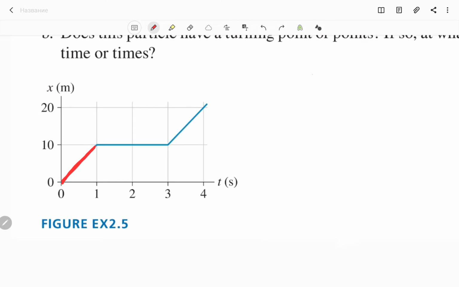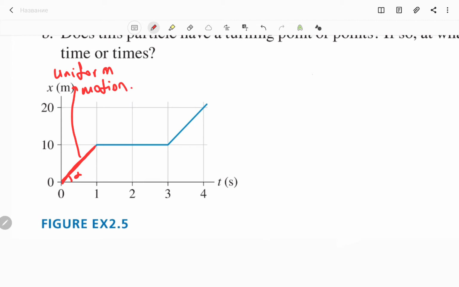First of all, let's start with the interval 0 to 1 second. What we can see is a straight line. This angle is constant, the slope is constant, so we can say this is a motion with constant speed, constant velocity. So this part is a uniform motion, basically motion with constant velocity.